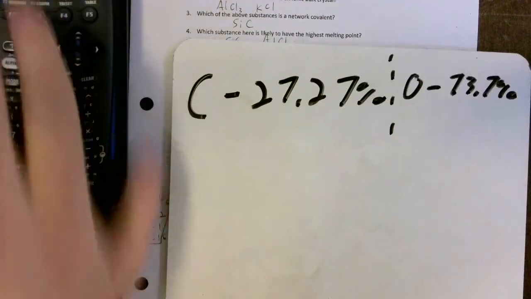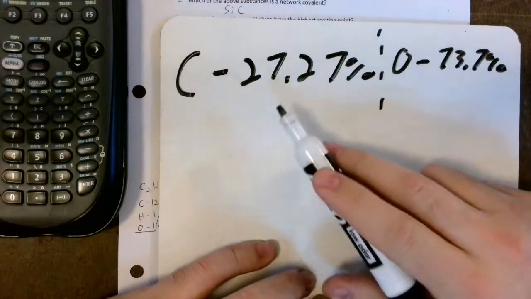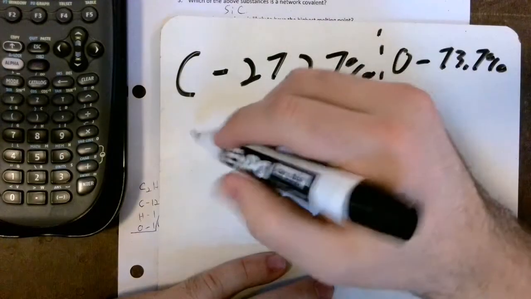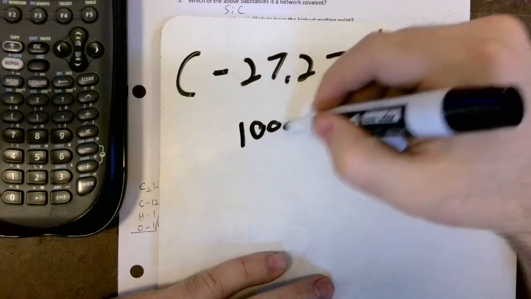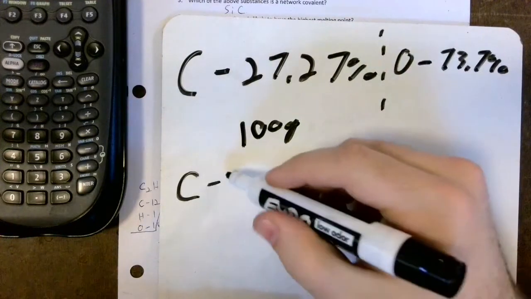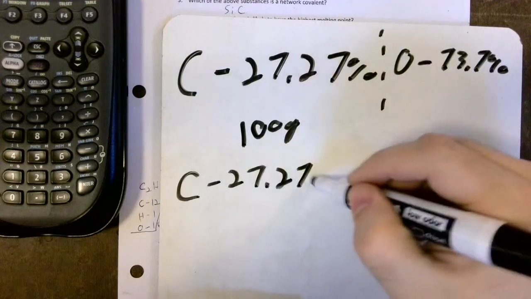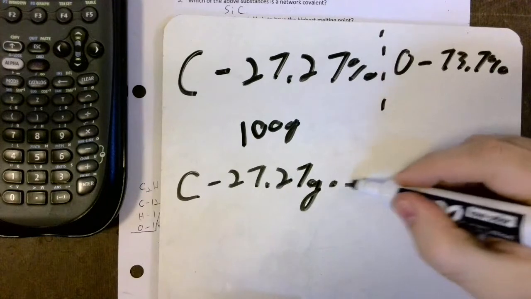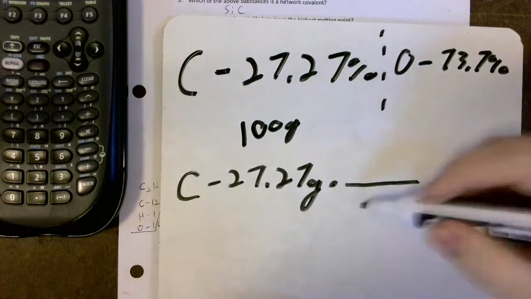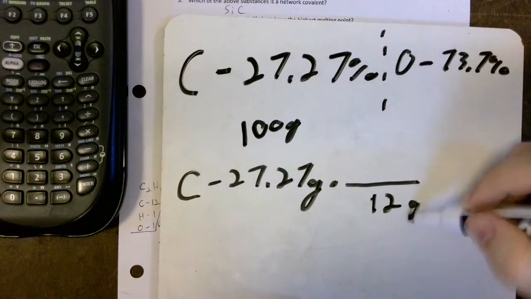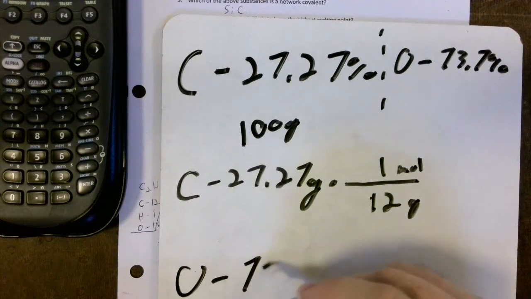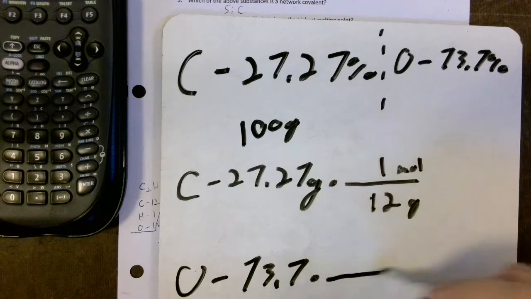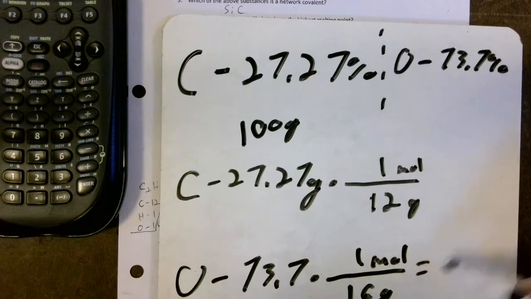I want to figure out what the empirical formula for this substance is. So first thing I'm going to do is take a sample size of 100 grams. So carbon is 27.27 grams, and then I need to convert it to moles. So it's going to be 27.27 divided by 12 grams per 1 mole. And then oxygen is going to be 73.7 divided by 16 grams per 1 mole of oxygen.